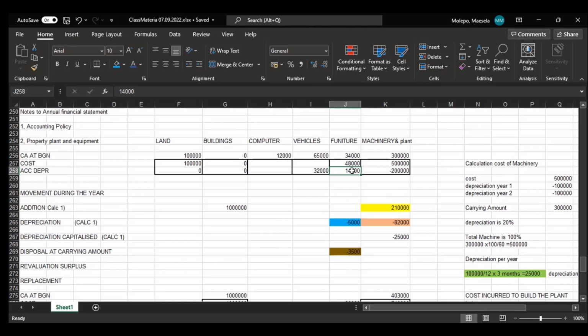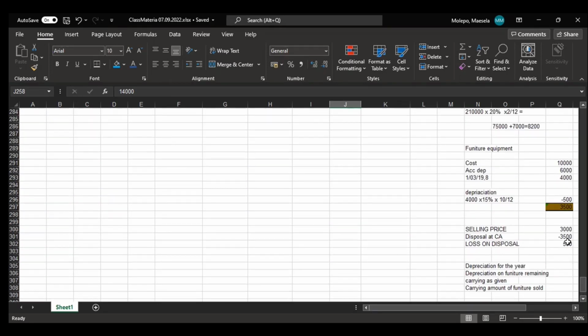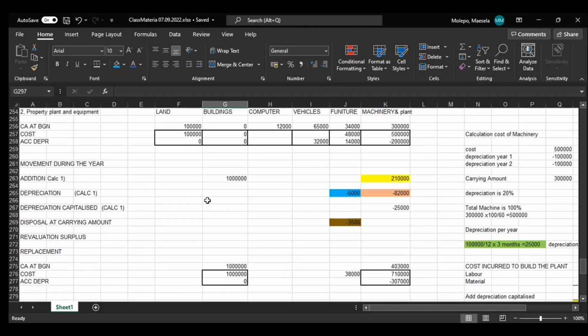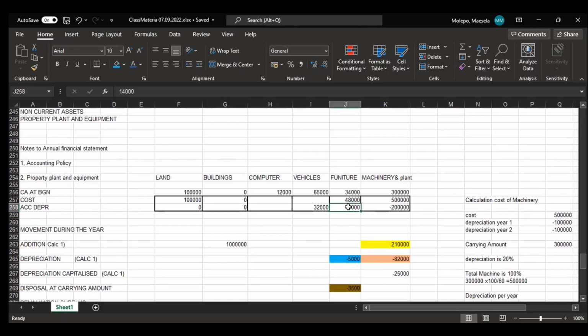Then for accumulated depreciation, you have the 14. Then you less your 6,000, and then you add the 4.5. You get it? Here it will be the 14,000.